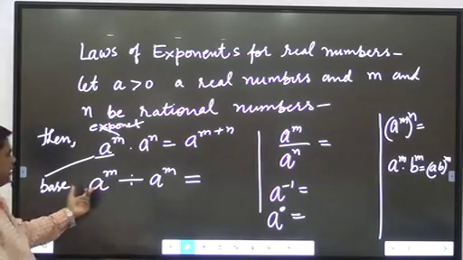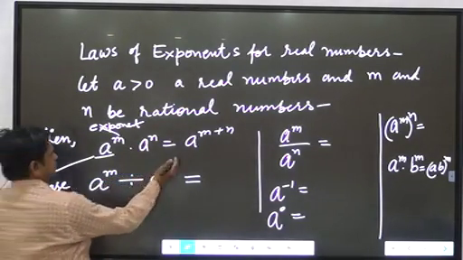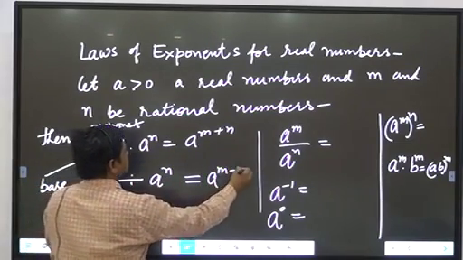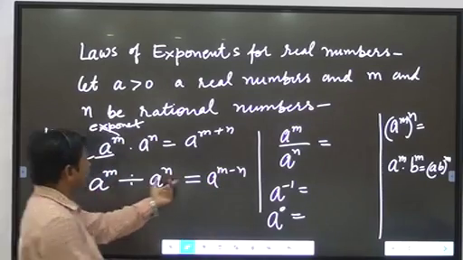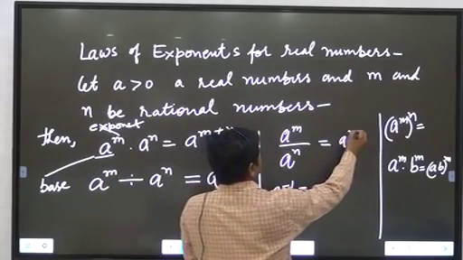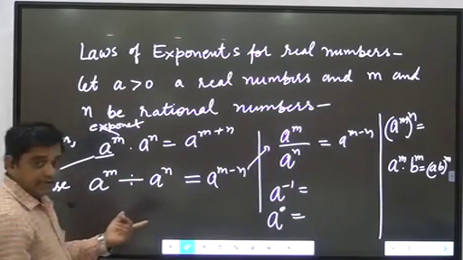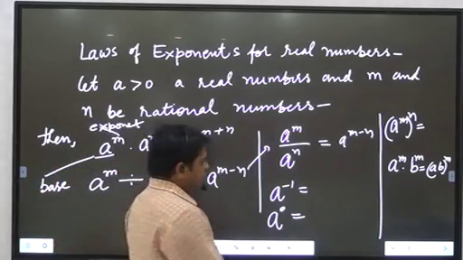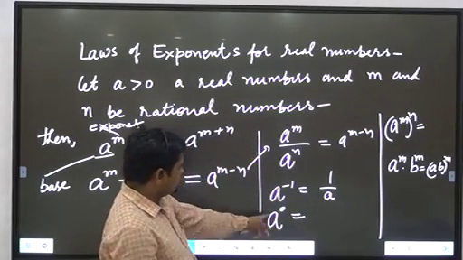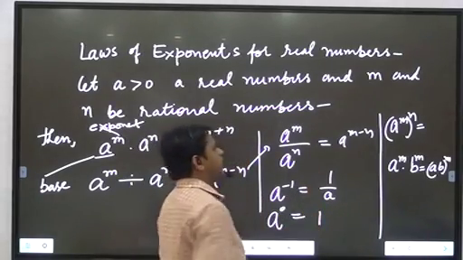In case of division, when the bases are the same but the exponents are different, we get a to the power m minus n, that is, a to the m upon a to the n is a to the m minus n. When a has a negative exponent, it equals 1 upon a to the power, its reciprocal, and zero as the exponent of any number is always equal to 1.